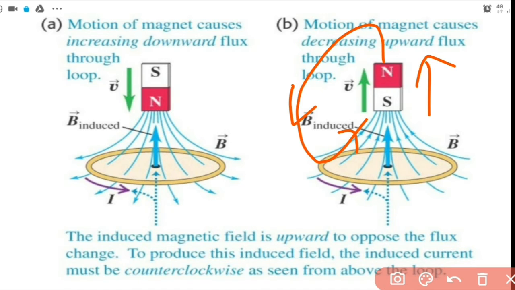To attract that south pole, the polarity induced on the upper side of the wire loop should be north. So for north pole to be induced, the direction of current should be counterclockwise. Both the arguments are correct, and both are based on Lenz's law.